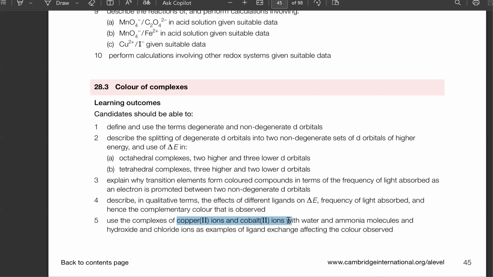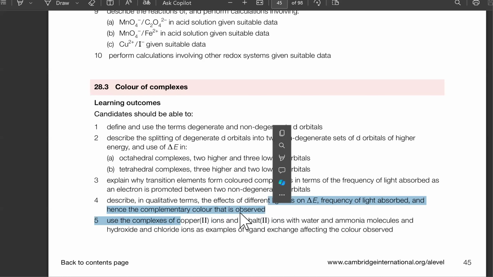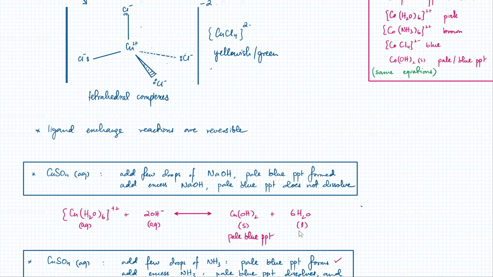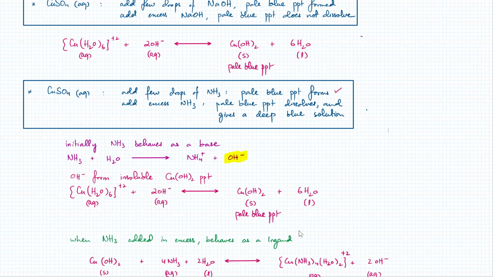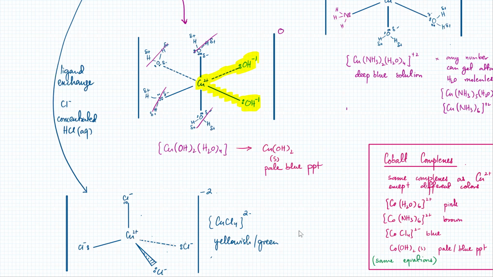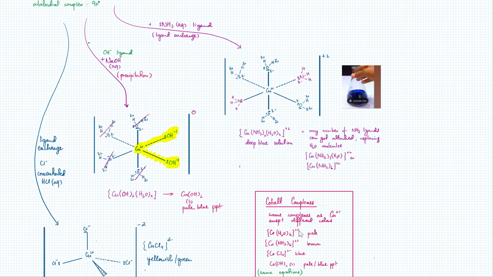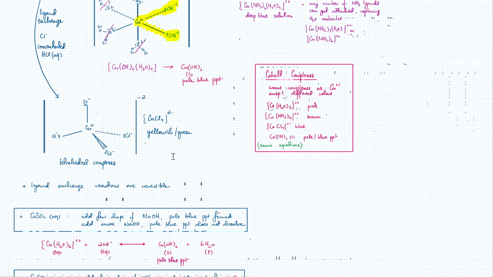Their complexes and their colors, etc. One by one, the things that are left, I'm going to move towards bidentate ligands, ठीक है? So types of ligands now. Remember copper and cobalt 2 complexes are the only ones in the syllabus, not the other ones. So this was the last thing that we did.